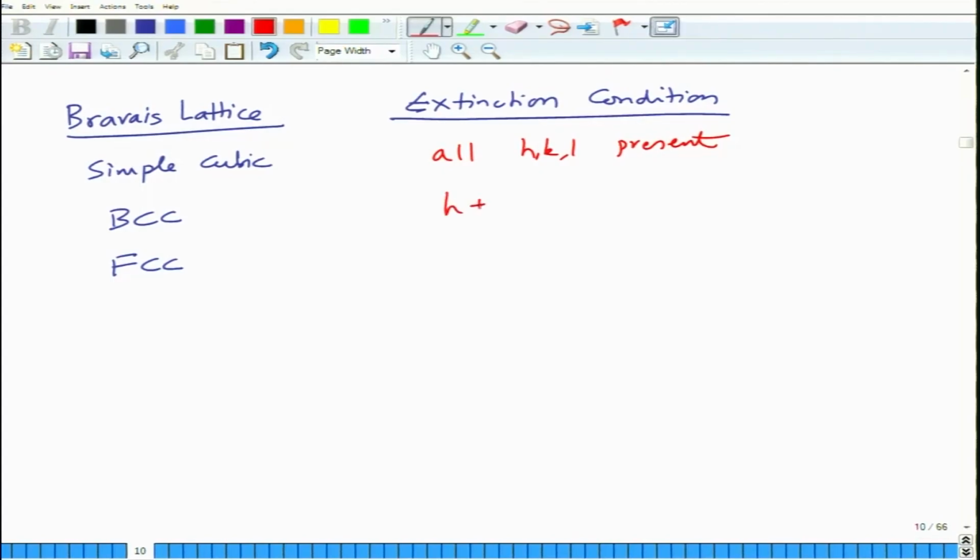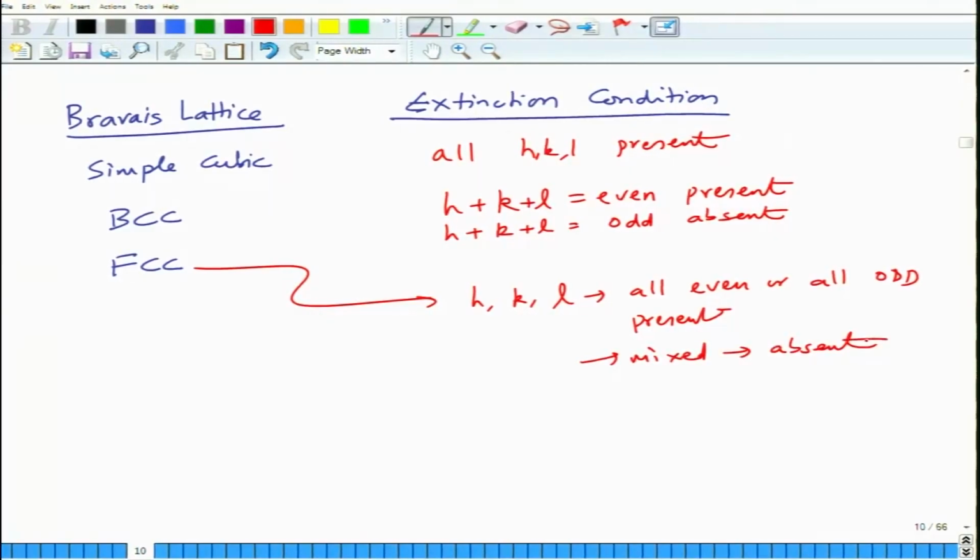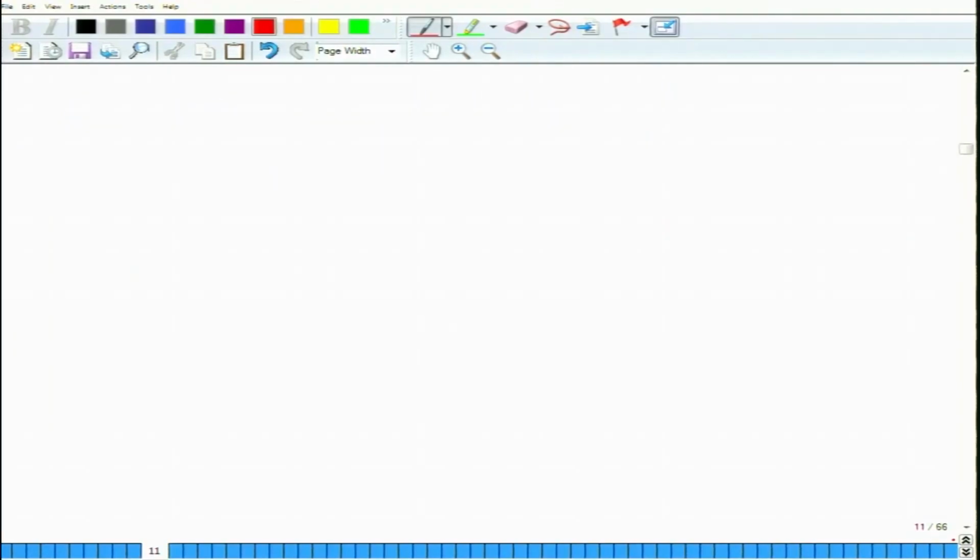For BCC, only H plus K plus L equal to even present, and H plus K plus L odd absent. And in the FCC case, HKL all even or all odd present, and mixed absent. All right.